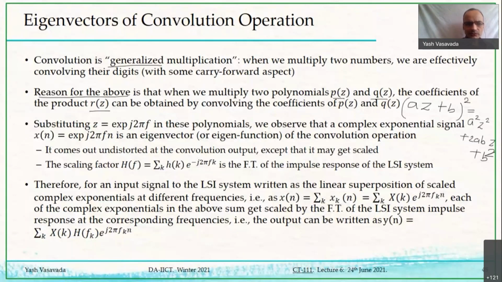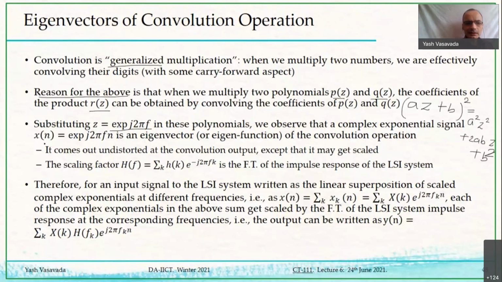All right. The last thing that we did in last Thursday's lecture is, we said, how about if we take the variable z of this polynomial equation to be an exponential at some frequency f.